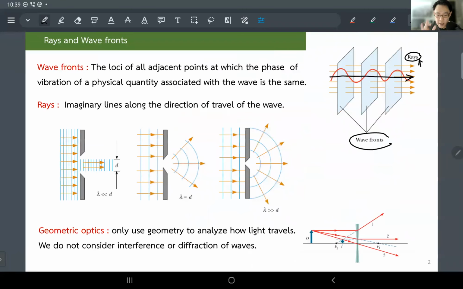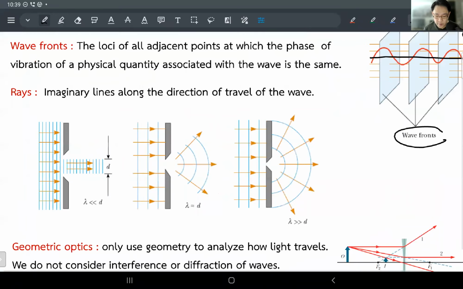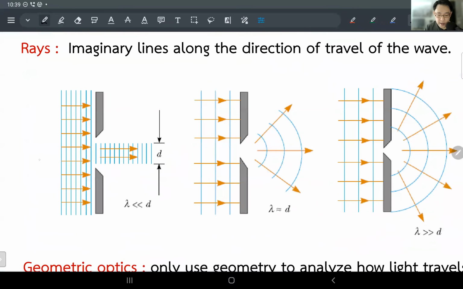However, by focusing ourselves within just the topic of geometric optics, you have some limitation. Look at this one. If you have a wave coming in and it hits an opening, you can see over here that the wavelength is small in comparison to the opening.